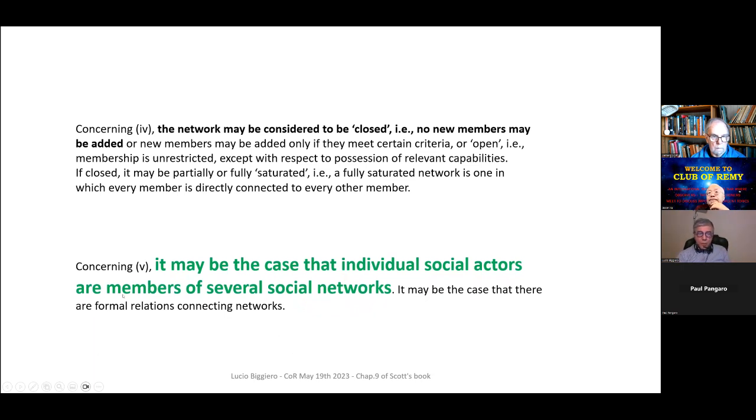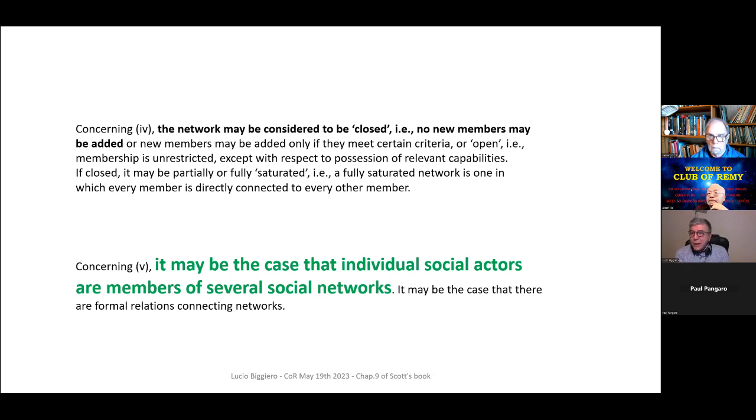Then in the fifth condition, Bernard says it may be the case that individual social actors are members of several social networks. And this is something that I totally agree with. It's absolutely true. But at the same time, this is exactly the reason why autopoiesis theory is inconsistent.